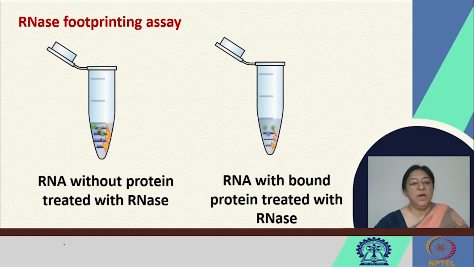So what we have now is two sets of samples, one where we have RNA without protein that has been treated with RNase, and one where we have RNA with the bound protein also treated with RNase.